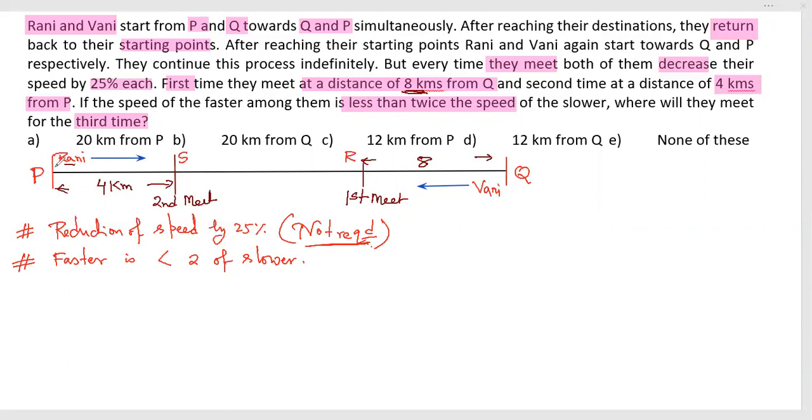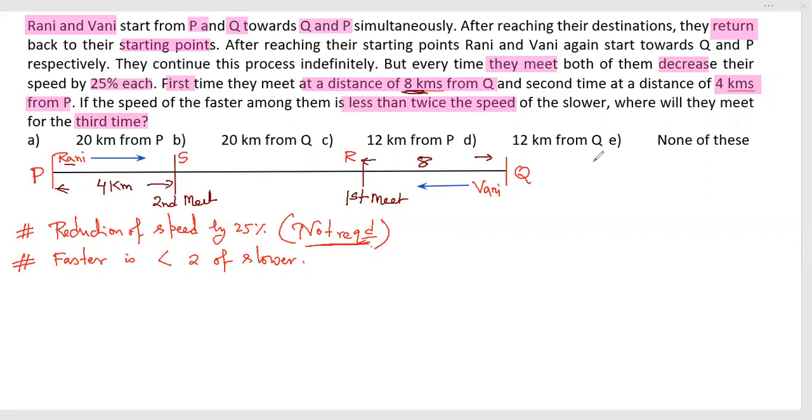If the ratio is 2:1, then when Rani has traveled the second path, Vani will have covered one part. It means that whenever Rani returns back to P, at that time Vani will have gone to P for the first time, if their speed ratio is 2:1. But if it is less than that, then definitely Vani will reach P before Rani returns back to P. So in both meetings, it would be a face-to-face meeting. That would be our major important part.